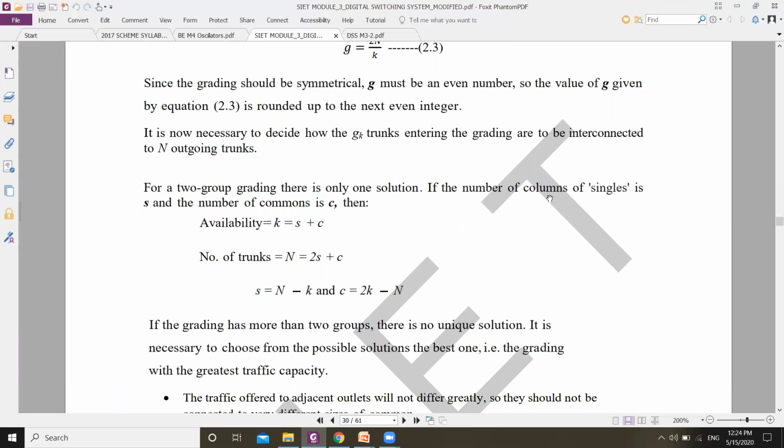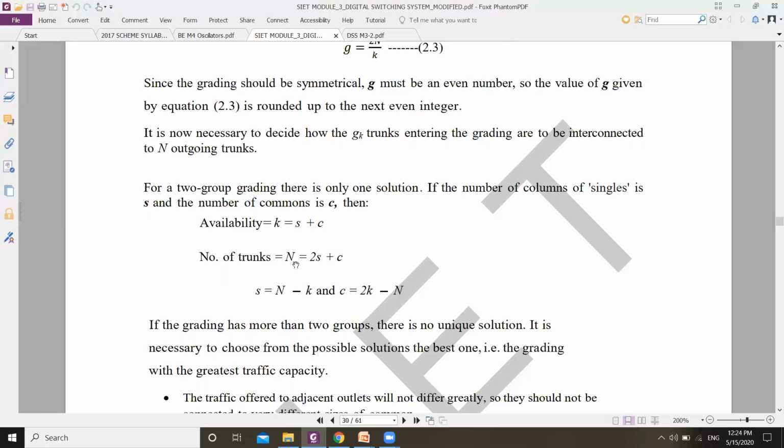Whereas if the number of columns of singles is S and the number of commons is C, then availability is given by K is equal to the number of singles S plus the number of commons C. So the number of singles plus commons gives you the availability K. And the number of trunks is given by n is equal to 2 times S plus C, that is 2 times singles plus commons.